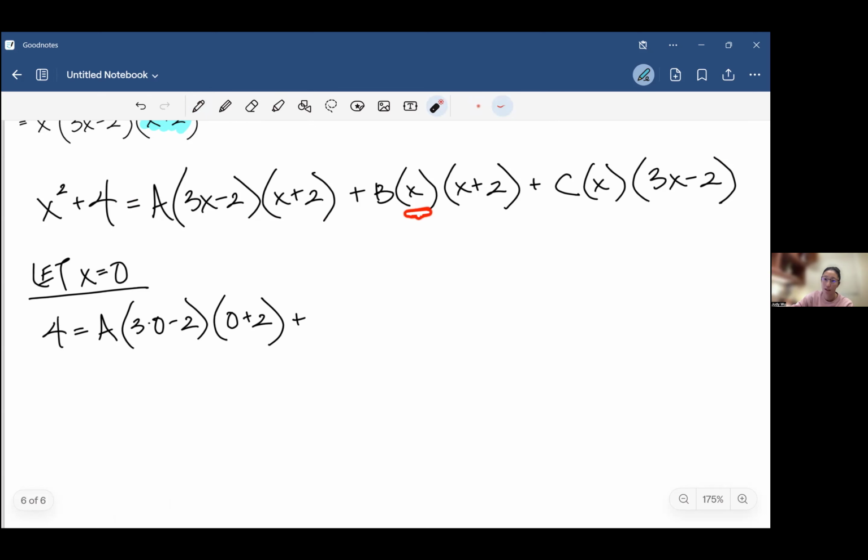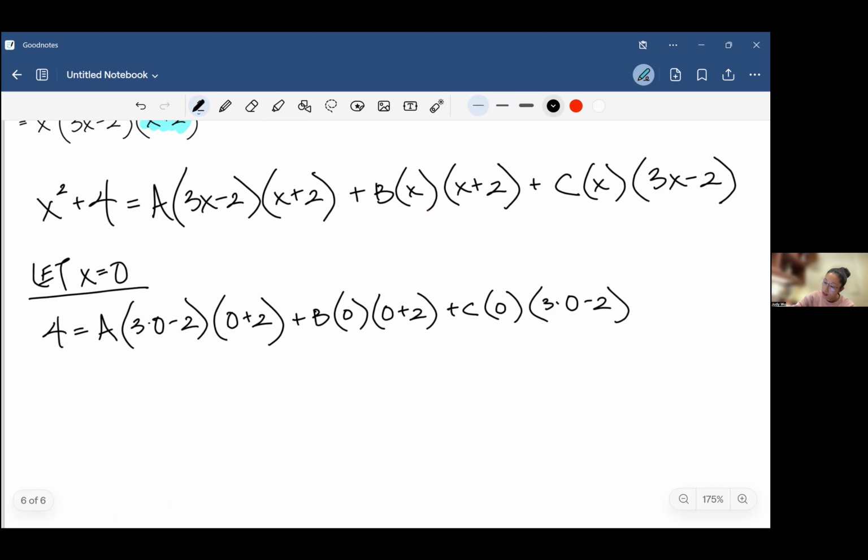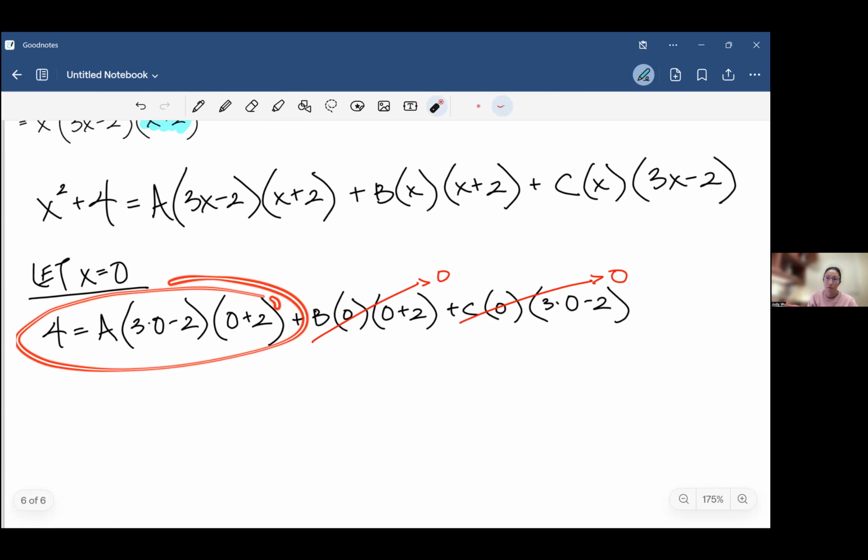B times 0, so B times (0 plus 2), plus C times 0 times (3 times 0 minus 2). And the lovely thing is this goes to 0, and this goes to 0. So by cleverly choosing that number, we end up with only A as something we don't know in here.